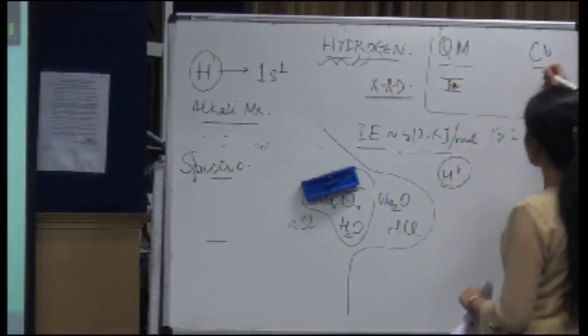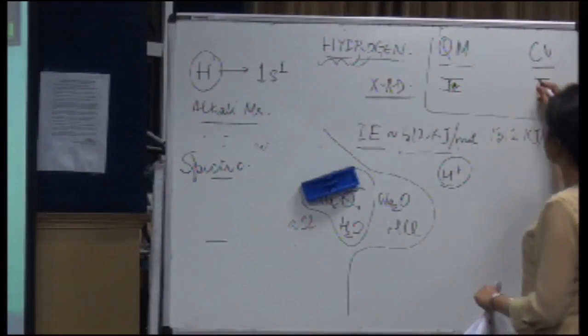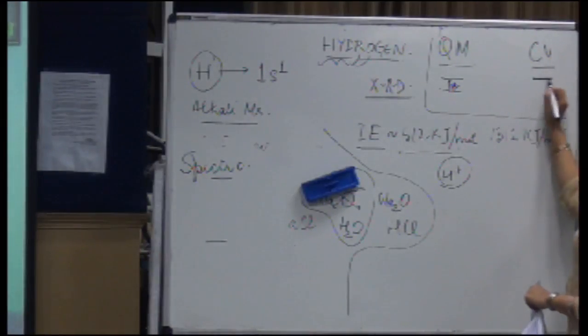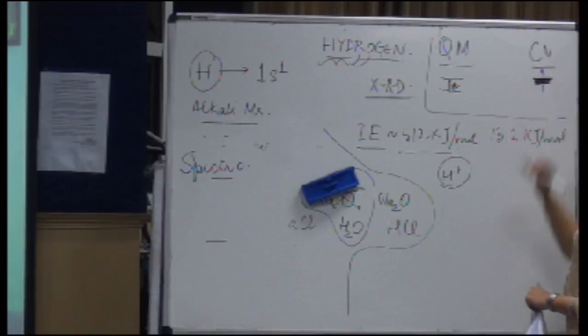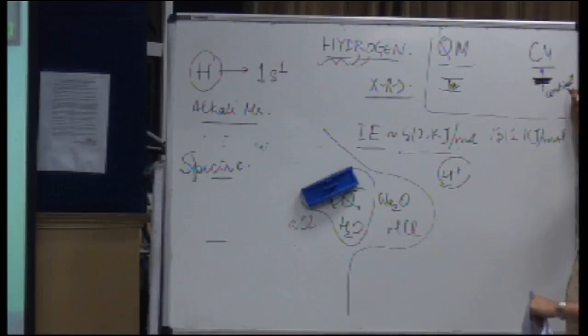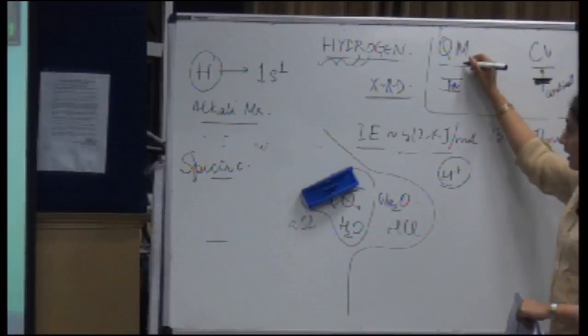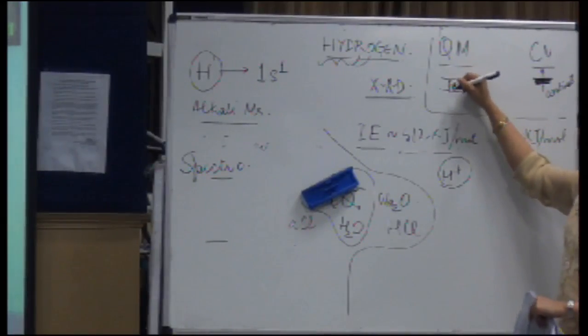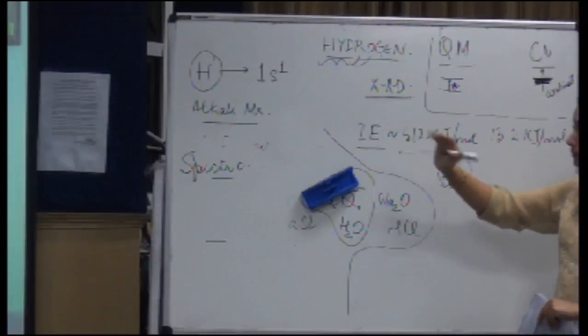Whereas in classical mechanics, all the energy levels are so close to one another that one can easily pass through them. So it is like a continuous form. This difference you have to remember. Classical mechanics talks about a continuous form, and quantum mechanics talks about discrete energy levels. This is clear?